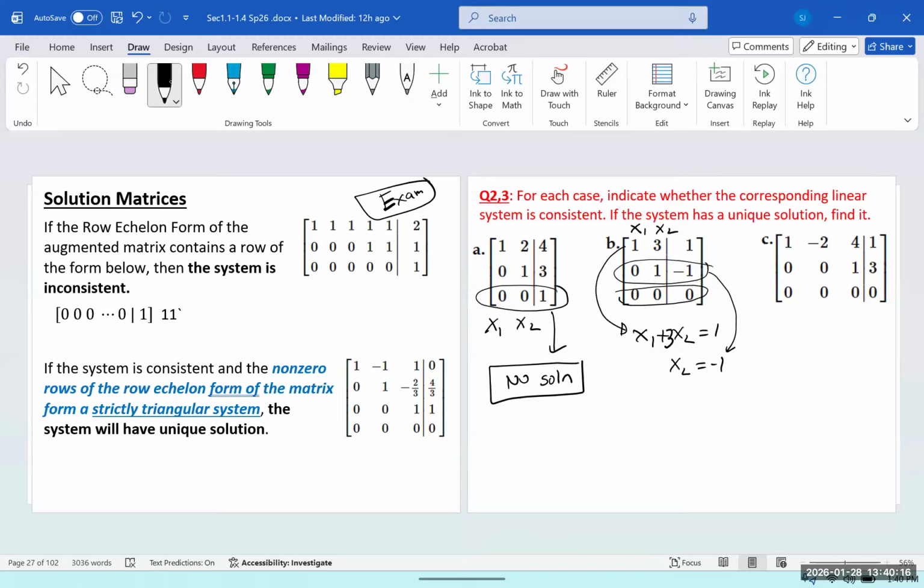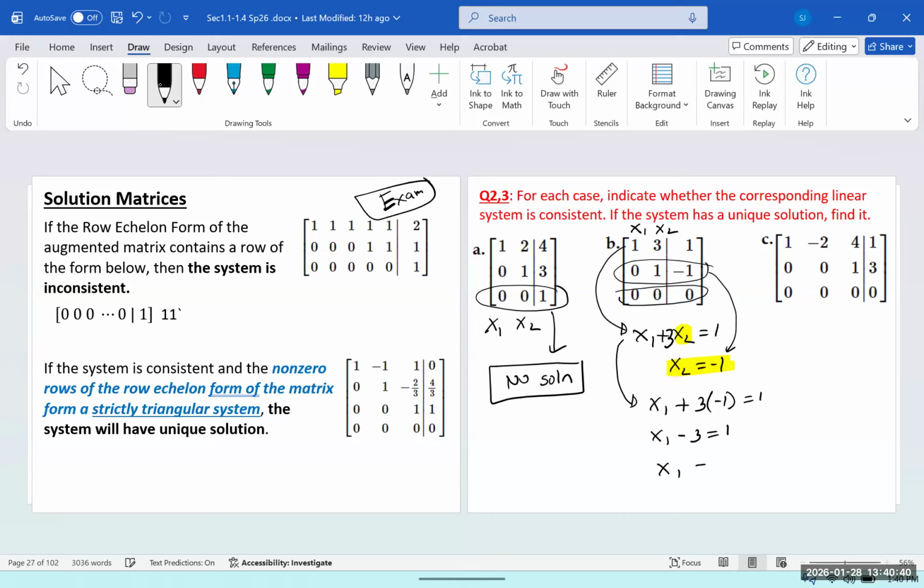Now you may wonder how we have a unique solution. Well, we do have a unique solution because x2 is -1. So what can we do? Substitute here. So this one becomes x1 plus 3 times -1 equals 1. So x1 minus 3 equals 1.